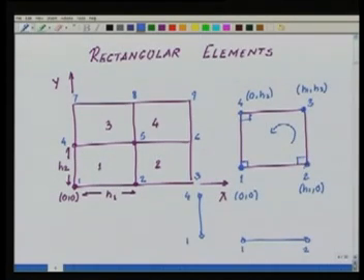On each of these edges, as we had said for the triangles also, the shape functions should be such for the 2D domain that the projection on the edge becomes the 1D shape function. So let's take now the same principle here. We have to define the shape functions in such a way that the projections on the edge become the 1D shape function. So on this edge it will become this 1D shape function.